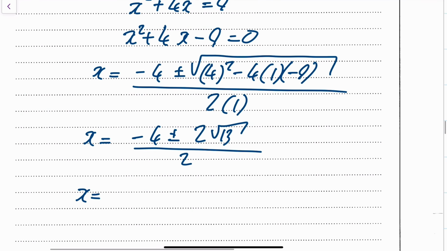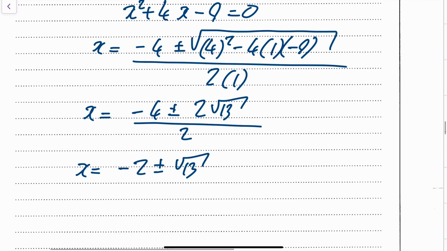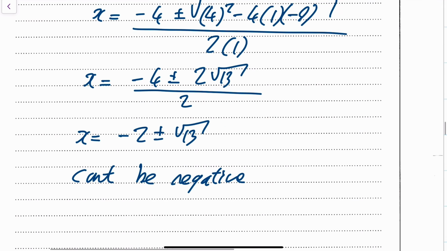And then tidy that up, that's just going to be minus 2 plus or minus root 13. And that can't be negative. You can't have a log of a negative number. So the only answer is going to be x equals minus 2 plus root 13.